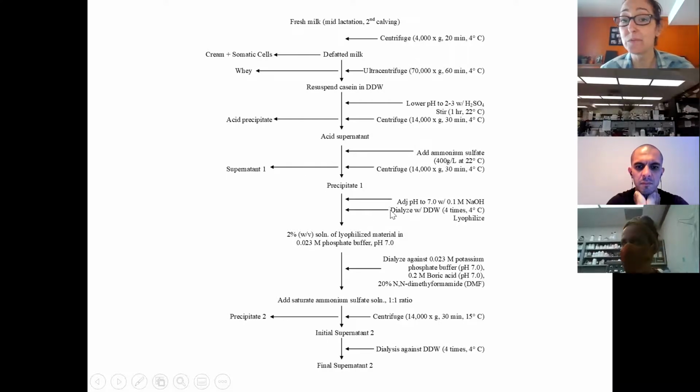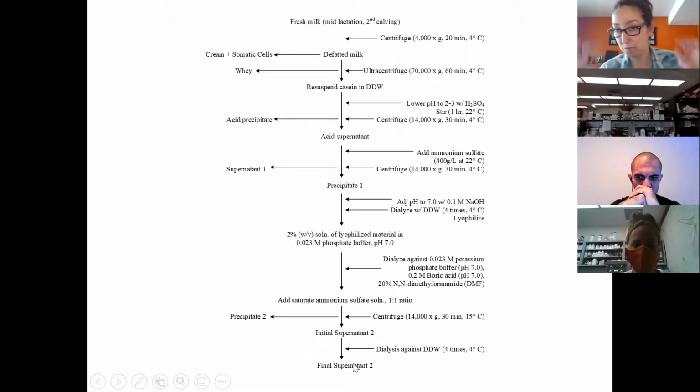You dialyze to remove the salt, make it up into a solution, and salt out again at a different concentration of ammonium sulfate. Then you throw out the precipitate, take the supernatant, dialyze, and you have your inhibitor in this supernatant.